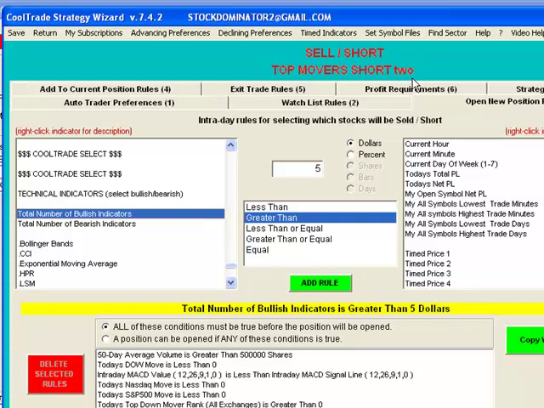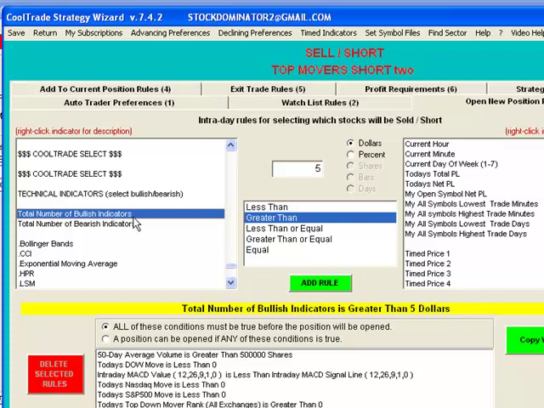So for this short strategy, you'd want to buy stocks where the total bearish indicators outweigh the bullish. The number is up to you. I had another strategy that required 12 more bearish indicators than bullish indicators as one of the rules, and at one point it was hitting upwards of 97% profitable trades.